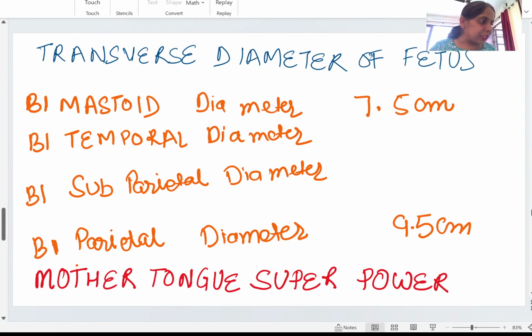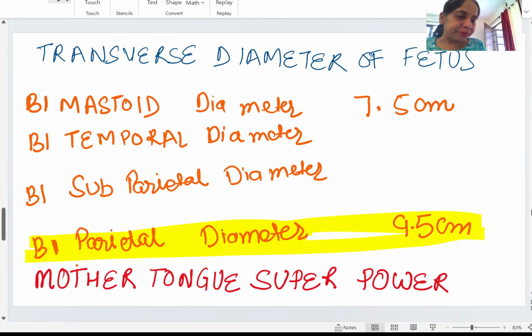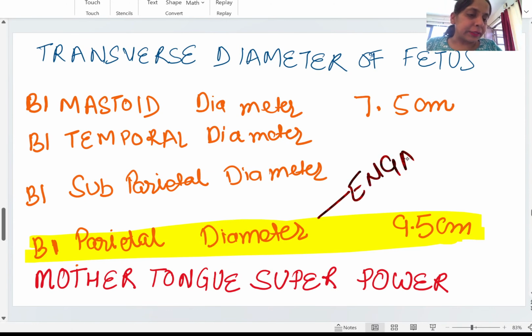Behind the ear is the mastoid, then the one above is the temporal. Here you only have to learn the biparietal diameter. The biparietal diameter is 9.85 centimeter. And what is the relevance of this diameter? Engagement.